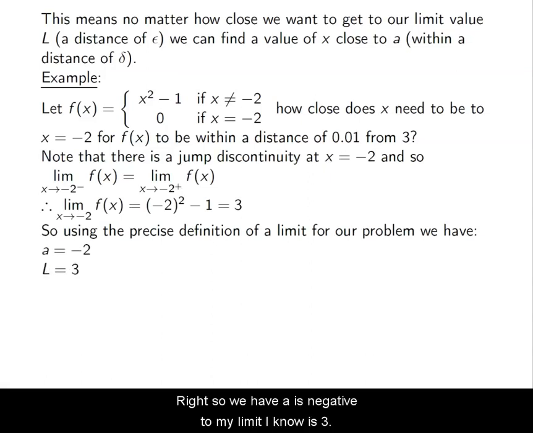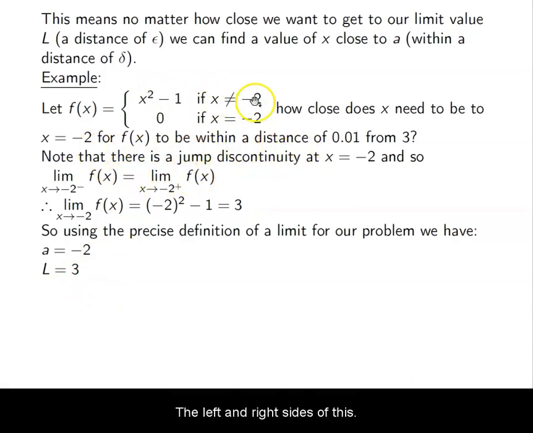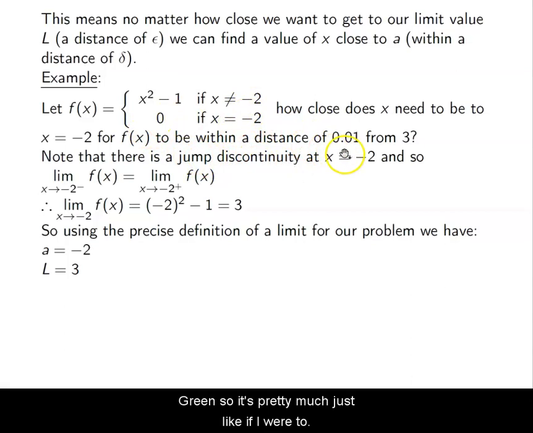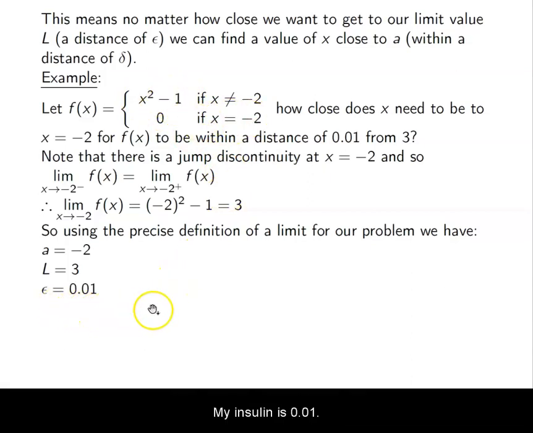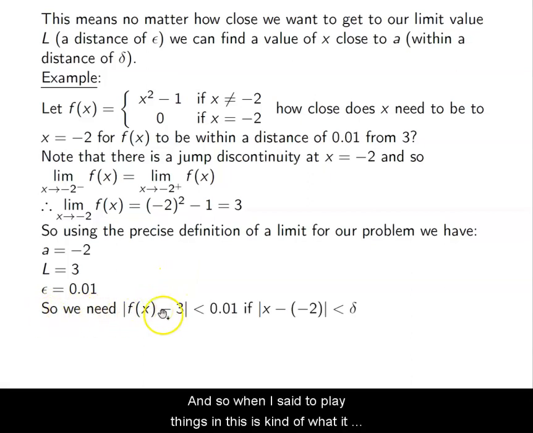Right, so we have A is -2. My limit I know is 3 because the left and right sides of this agree. So it's pretty much just like if I were to plug in -2 to this regular function, because I created a jump discontinuity there. My epsilon is 0.01. And so when I start to plug things in, this is kind of what it looks like, right?